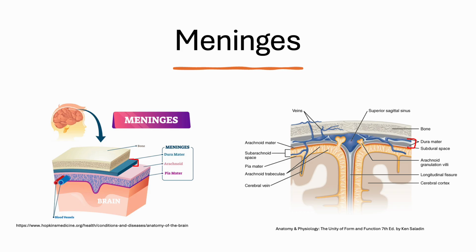The middle layer, which is the arachnoid mater, the membrane of thick fibrous tissue, which would be this light pink one over here and this light orange one here. And then the innermost layer, which is the pia mater, that is also a thin fibrous layer, which here would be this very thin purple right here and this very thin one over here.